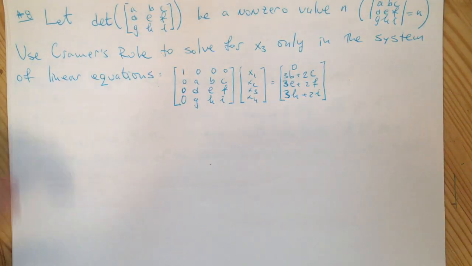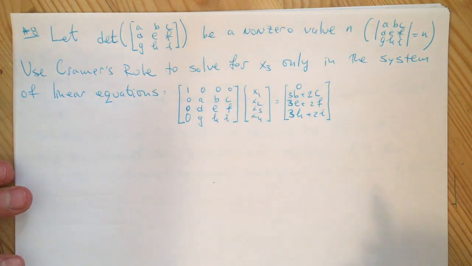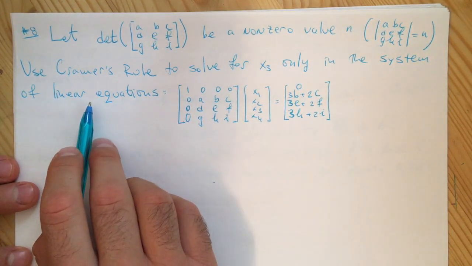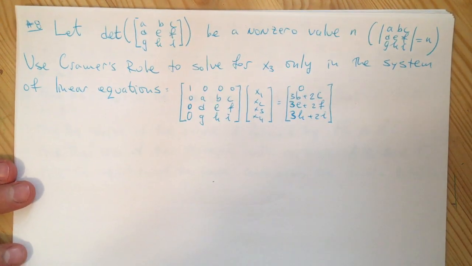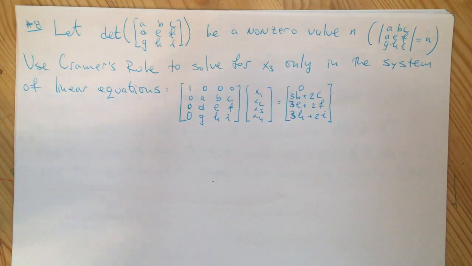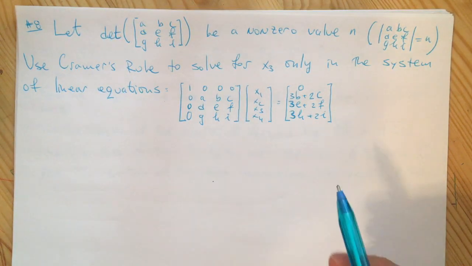Okay, next question is the Cramer's rule. So what is Cramer's rule? It gives us the solution of a particular value that you're interested in by finding its determinant.